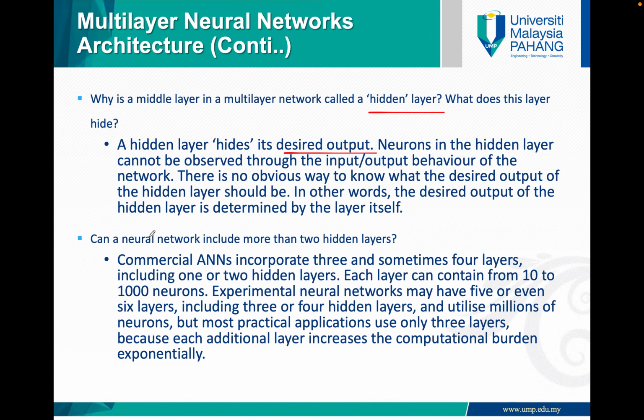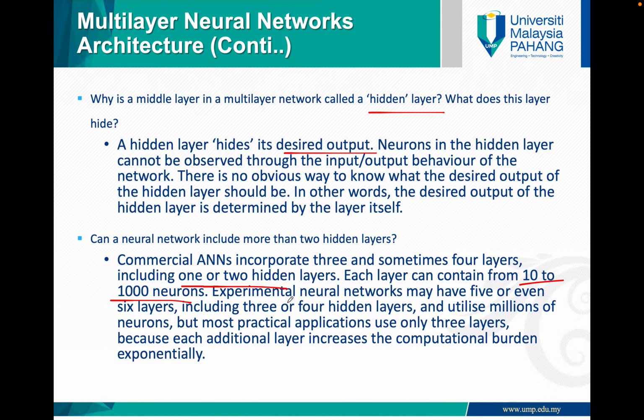Can a neural network include more than 2 hidden layers? Normally, in a big company, commercial artificial neural networks incorporate 3 and sometimes 4 layers, including 1 or 2 hidden layers. Each layer can contain from 10 to 1000 neurons.